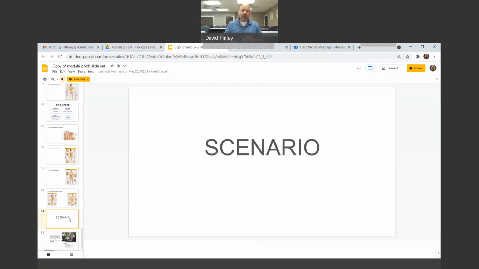That is called hypercarbic drive, okay? Hypercarbic drive is normal. That is how we breathe. Those little central chemoreceptors in our brainstem determine how much CO2 is there and regulate respirations based off of that. With an increase of CO2, respirations go up so we can breathe it off.